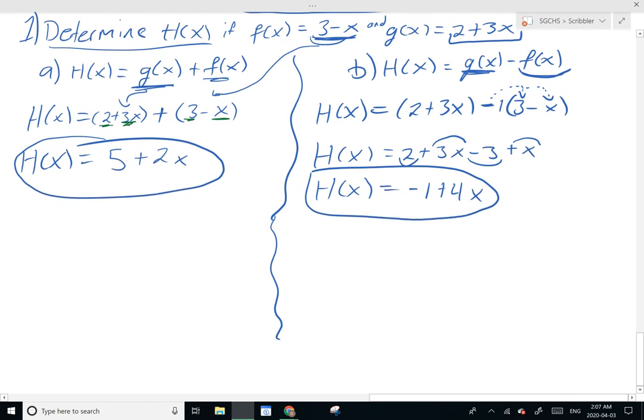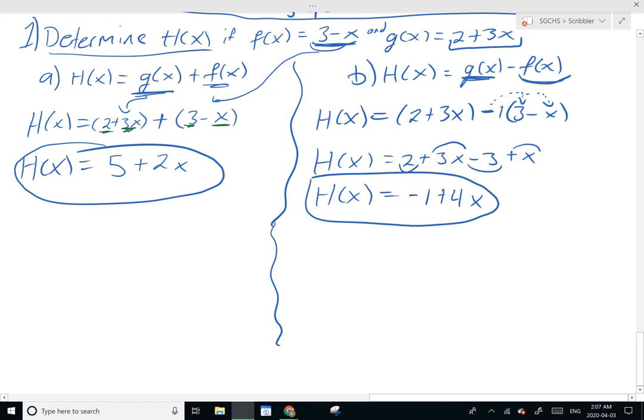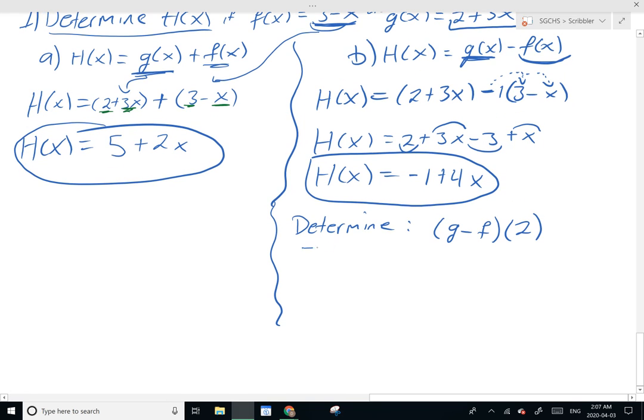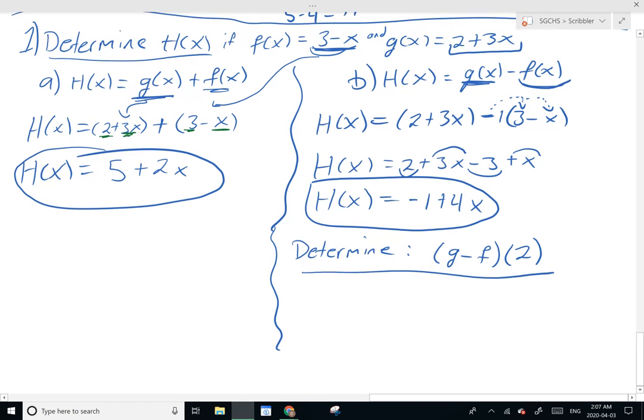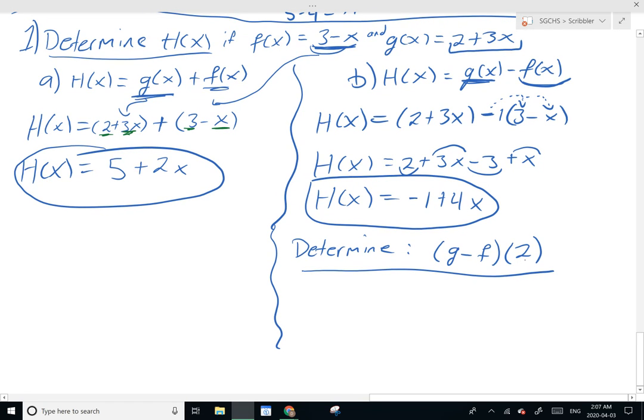Going down a little further, we could expand on this. Let's say it asks us to determine what g minus f at 2 is. If we were given a question like this, we can do this a multitude of different ways. We could substitute 2 in, because remember, this notation we can actually write as g at 2 minus f at 2.